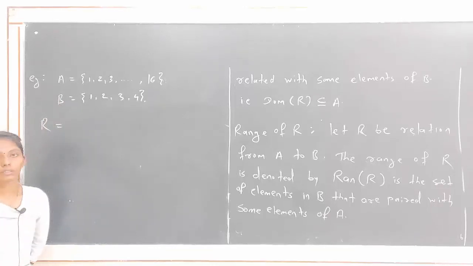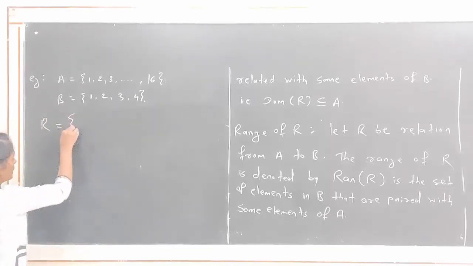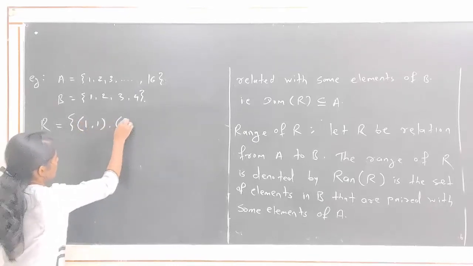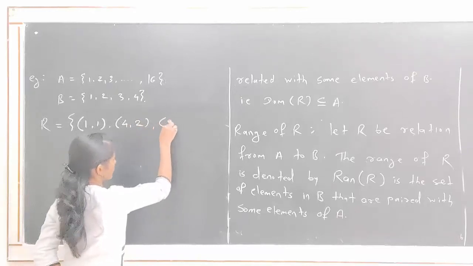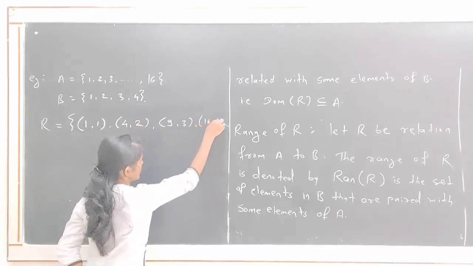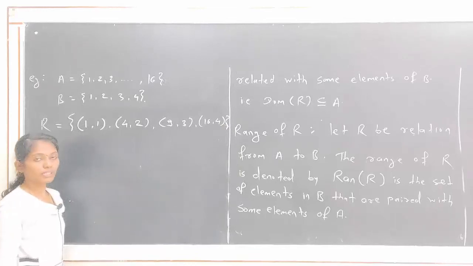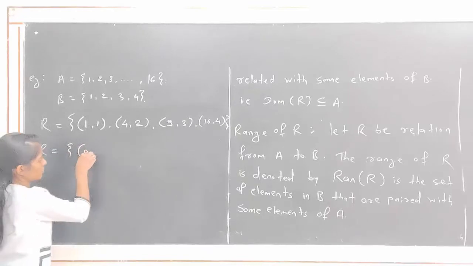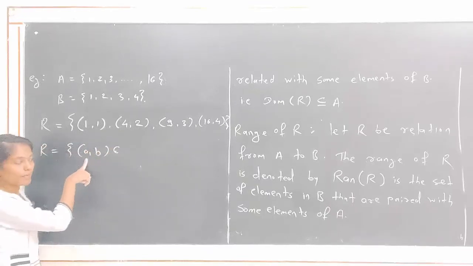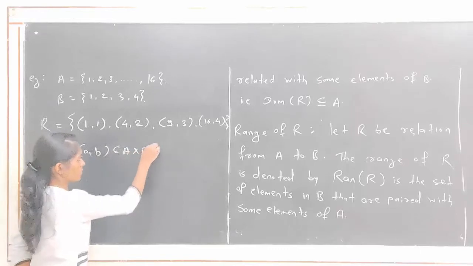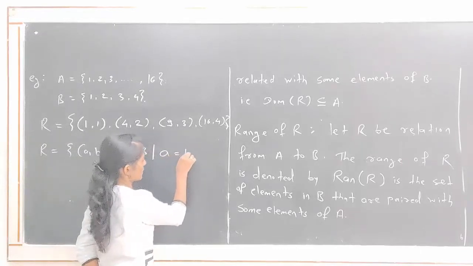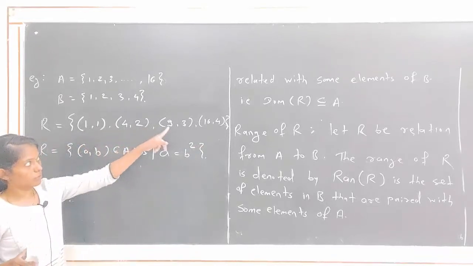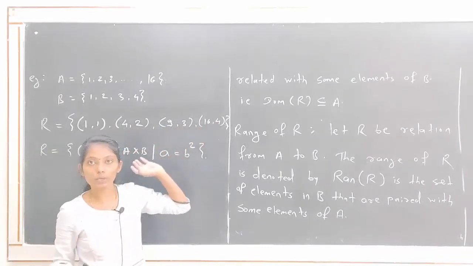Defined relation R from A to B is (1,1), (4,2), (9,3) and (16,4). Okay, so this is the set. So here R contains the ordered pairs (a, b) belonging to A cross B such that a is equal to b square. 1 is square of 1, 4 is square of 2, 9 is square of 3 and 16 is square of 4.